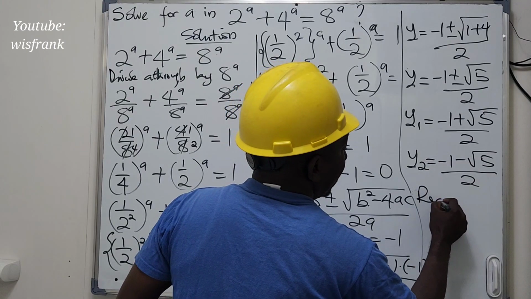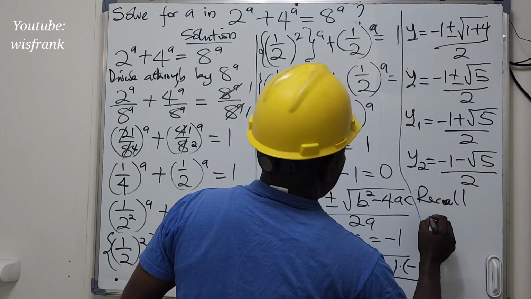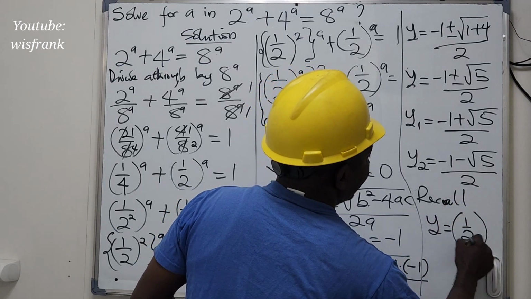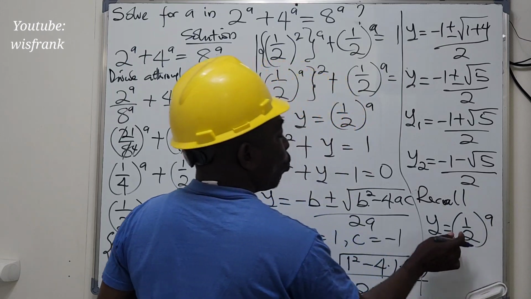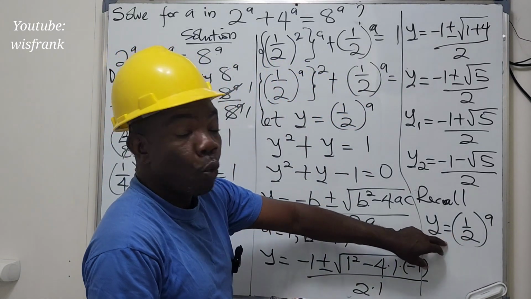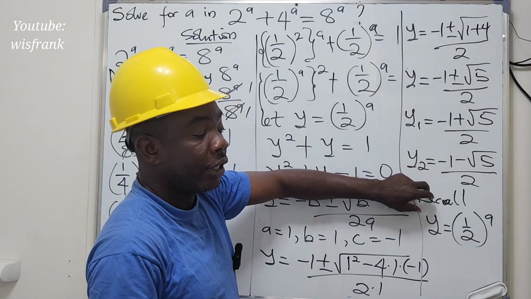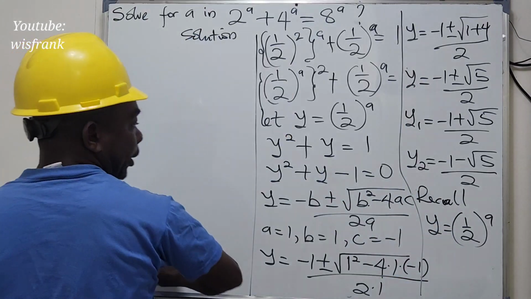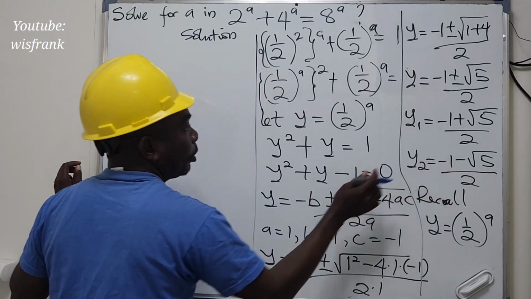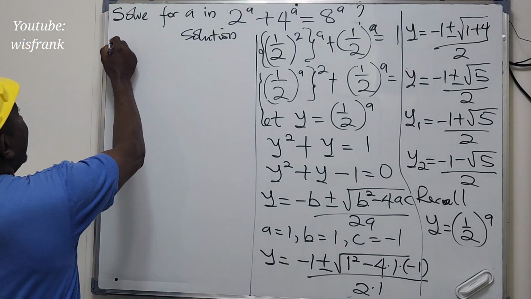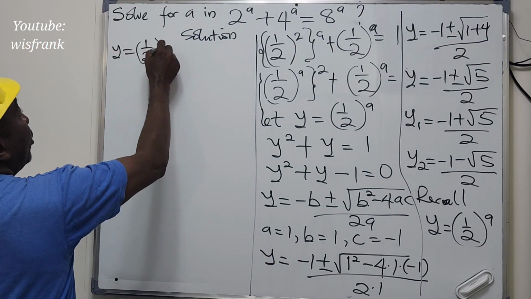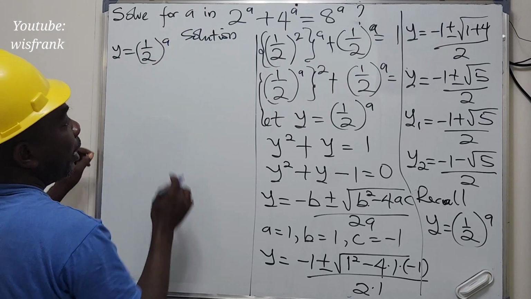We recall that we had y equals (1/2) to the power of a. So we are going to substitute y into each of these to find the value of a. Before we do that, we need to clean this. The possible values of y that we have, y equals (1/2)^a, and we are looking for the value of a.